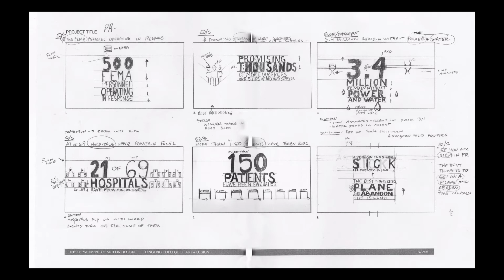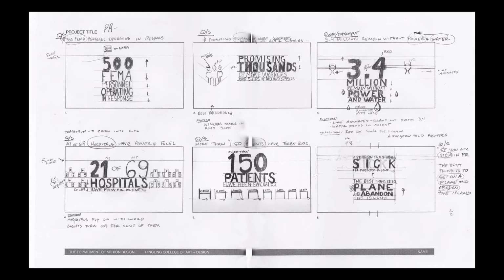It's using like an extra bold. Same with 3.4 million, 21 hospitals, 150 patients, sick, plain, and abandoned. It's always that same combination. If you want the viewer to see your clear emphasis on a specific word, use size and weight.